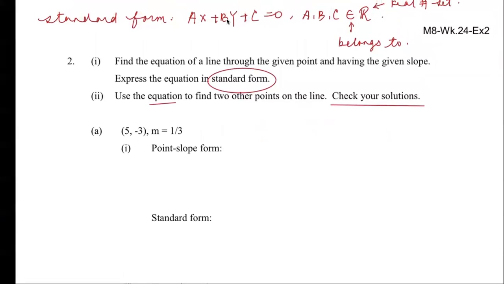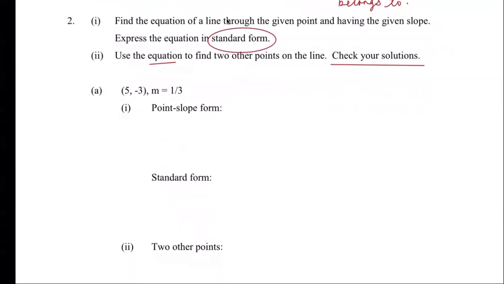Then we pick 2 different x values and find the 2 corresponding y values. If the slope that we find using those 2 points is the same as the given slope, that means the 2 points found based on the expression are correct, which proves that the expression we found is correct. It might sound a little confusing. Let's proceed and see what that means.